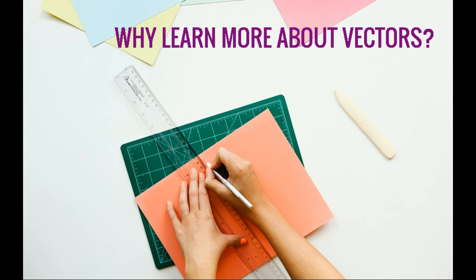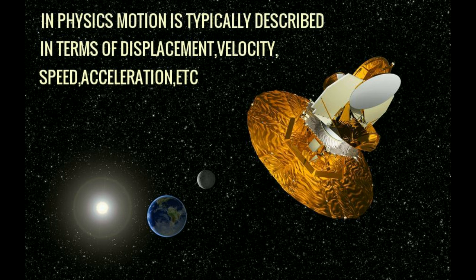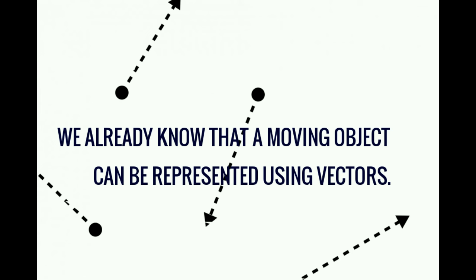So, why learn more about vectors? Let's see. In physics, motion is typically described in terms of displacement, velocity, speed, acceleration. So lots and lots of motions in physics. We already know that a moving object can be represented using vectors.